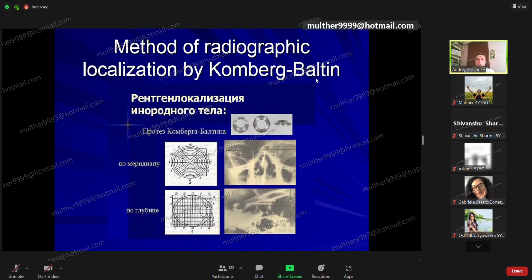Two exposures, as I said, are taken in the anteroposterior view and in the lateral view. A special scheme is used to localize the intraocular foreign body, and I hope that during our practical classes we'll discuss more thoroughly how to differentiate and localize the foreign bodies.